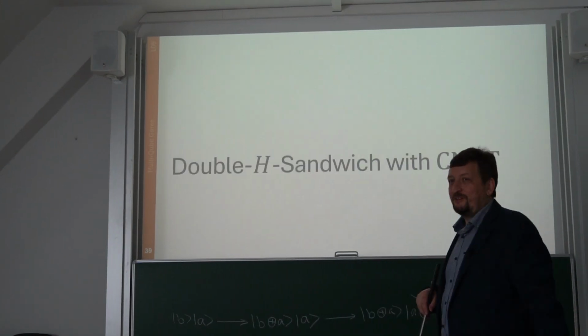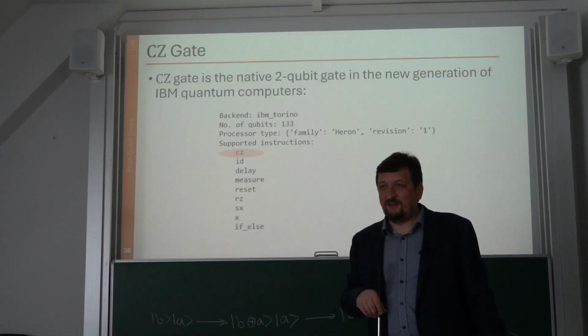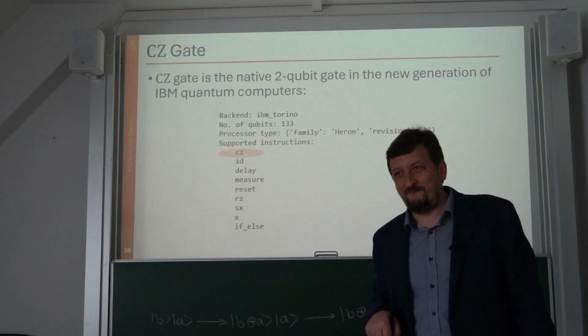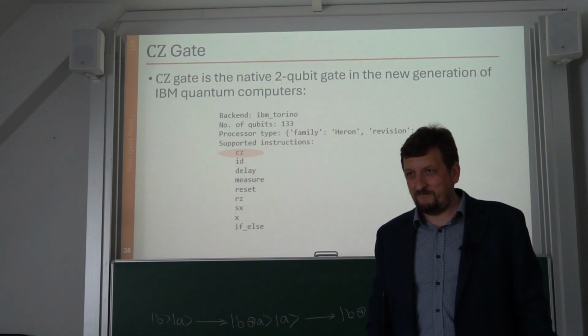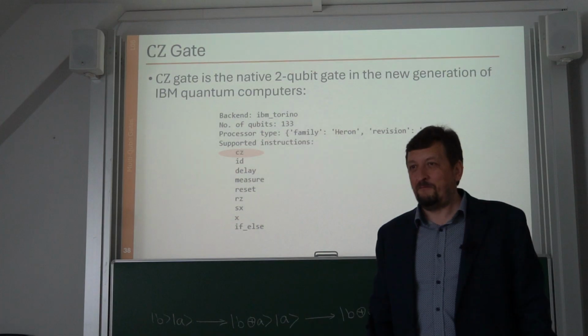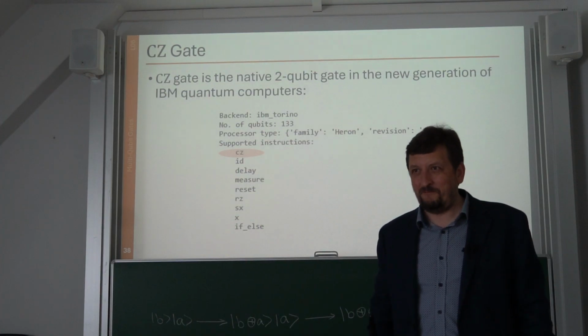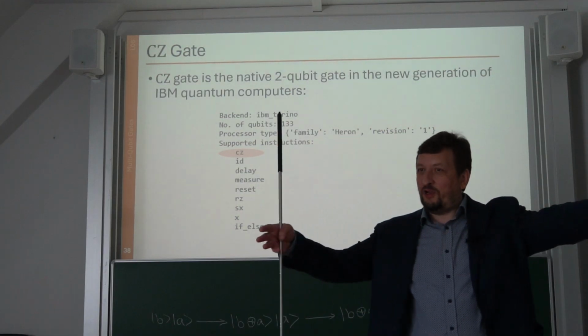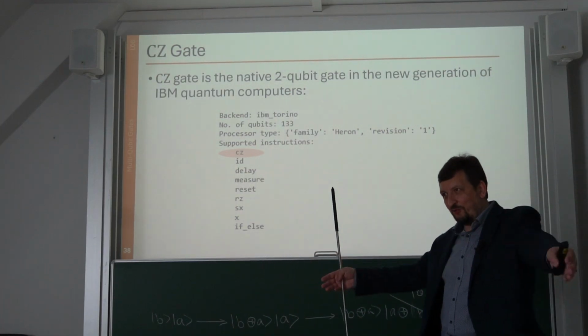This is why in the lab, if I do my nice circuit with Qiskit, and I understand everything, and then I give it over to the actual quantum computer, I don't understand it, and it looks like a mess. Yeah, a lot of gates.